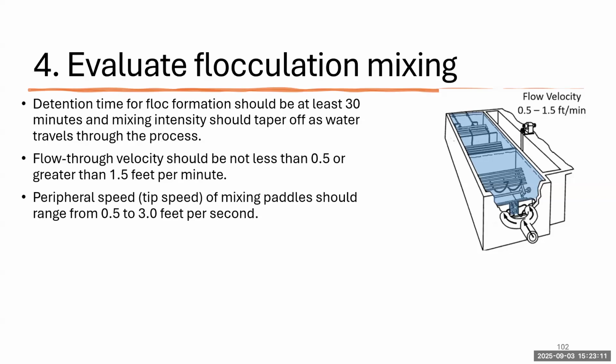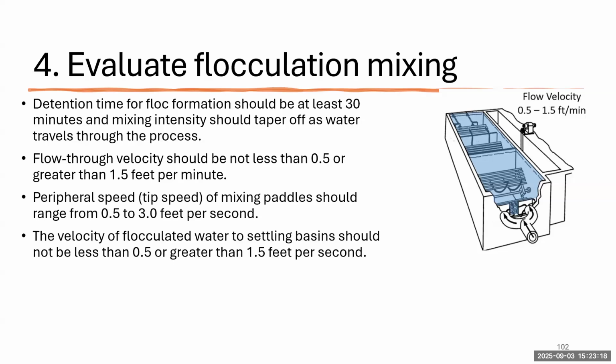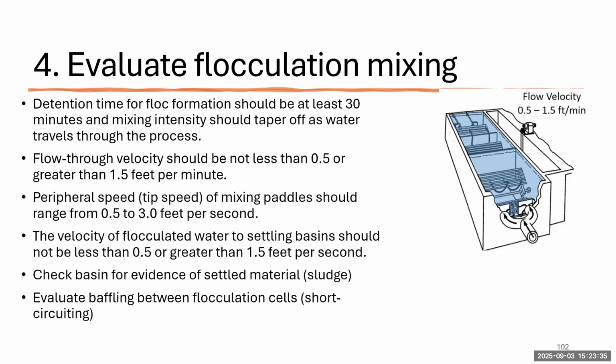You can imagine the 3 feet per second would probably be in the initial paddles where you have faster mixing speed, and the 0.5 would be closer to the final paddles. Also, when you pipe the water from the flocculation basin to the sedimentation basin, the flow should be within a range too, between 0.5 and 1.5 feet per second. You don't want it going so fast that it's causing agitation.